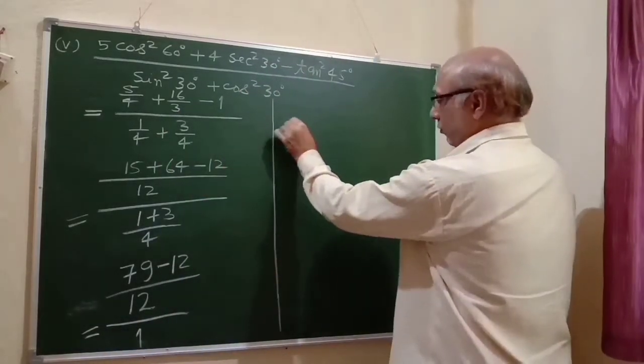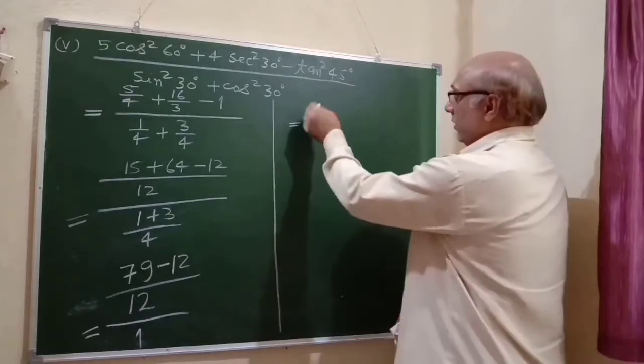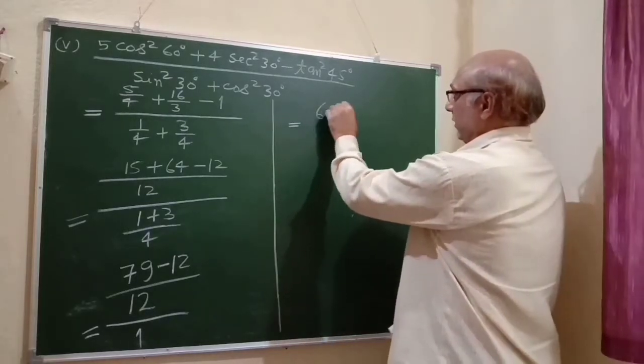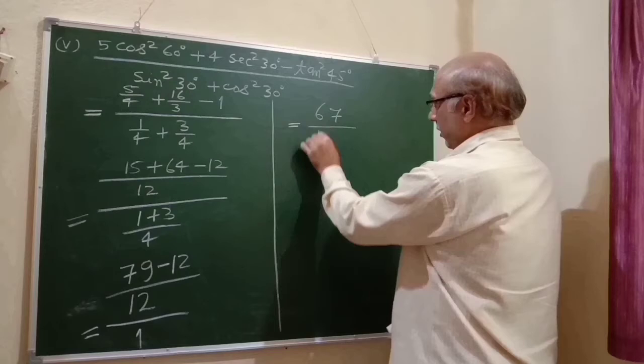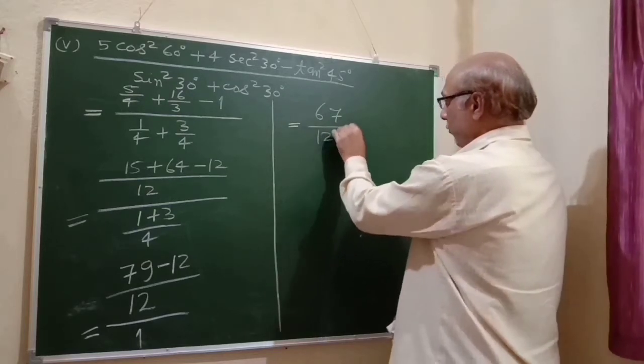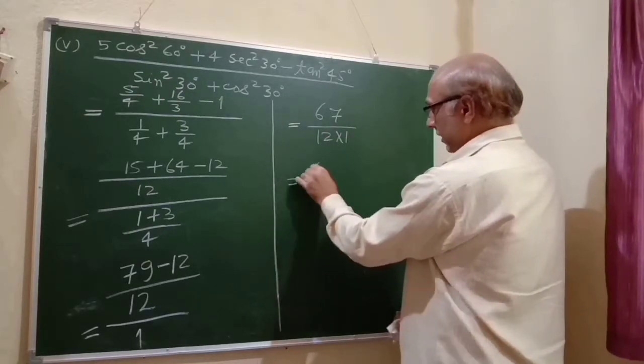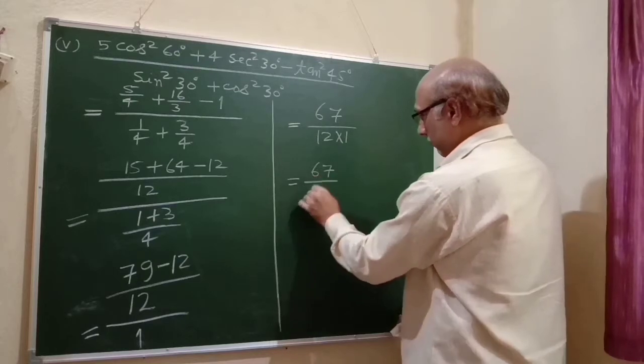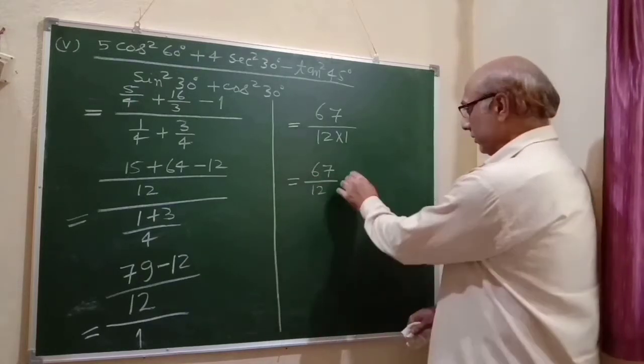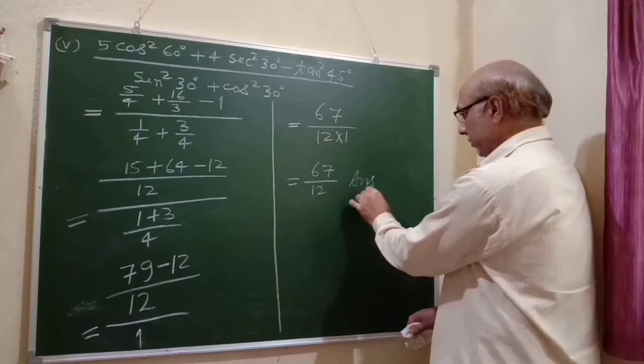And this is equal to 67 by 12 into 1, and finally we get 67 by 12. This is the answer.